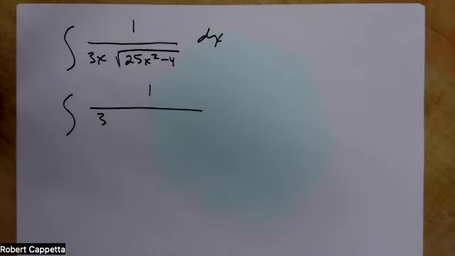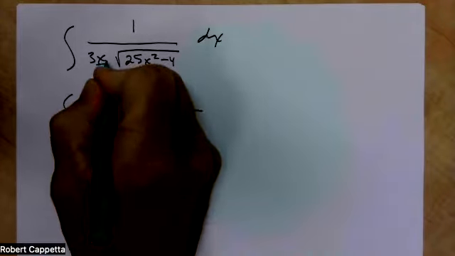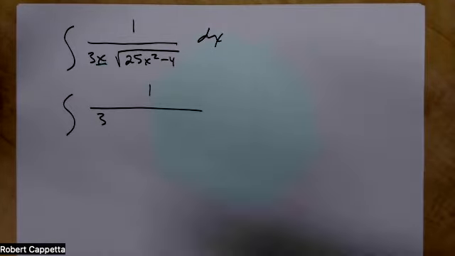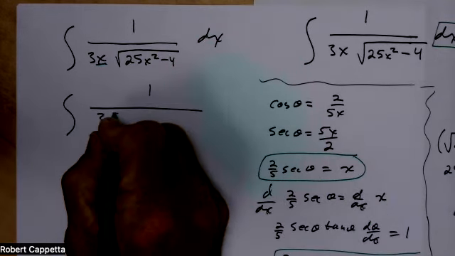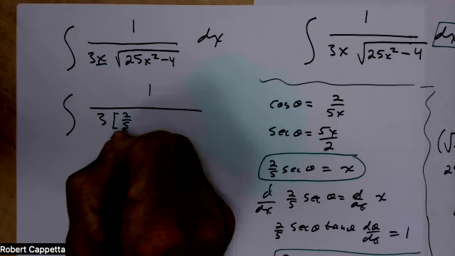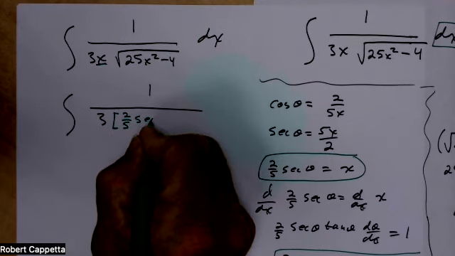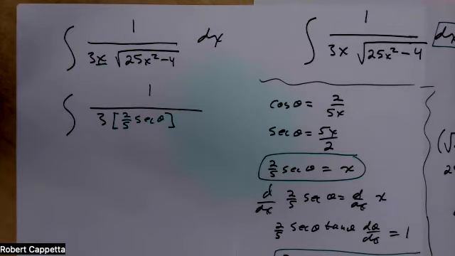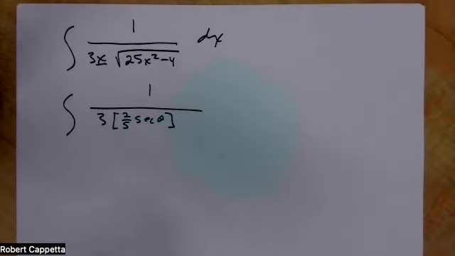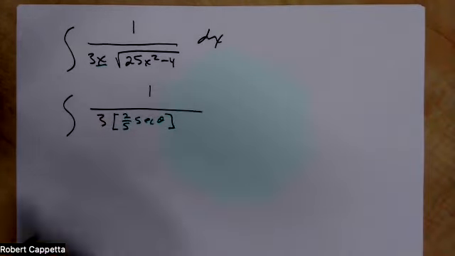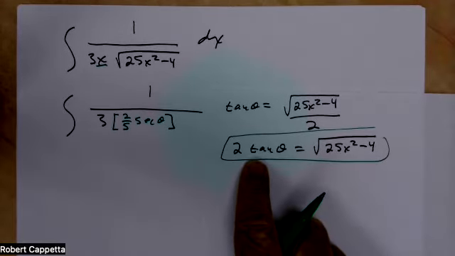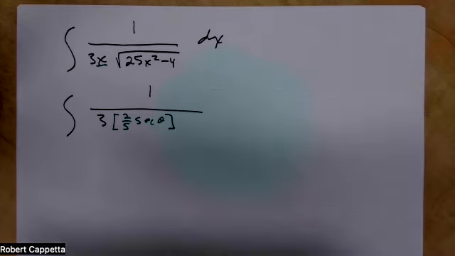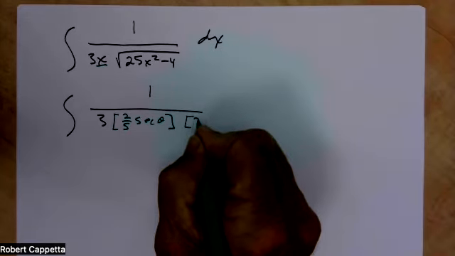What was x on our previous page? What did we see? We see x was 2/5 of secant theta. So we're going to replace the x with 2/5 secant theta. Then we need root 25x squared minus 4. What did we say that was? We said that was 2 tangent theta. That piece.